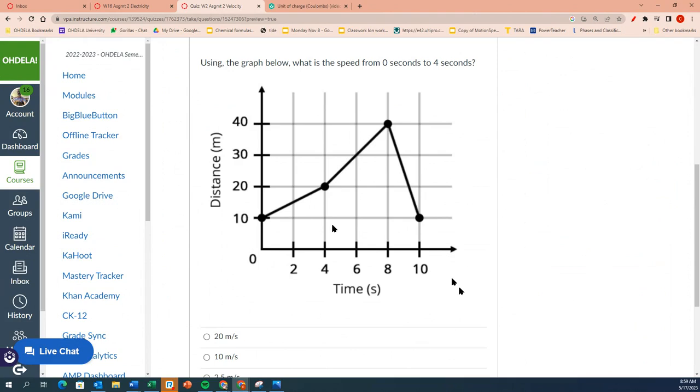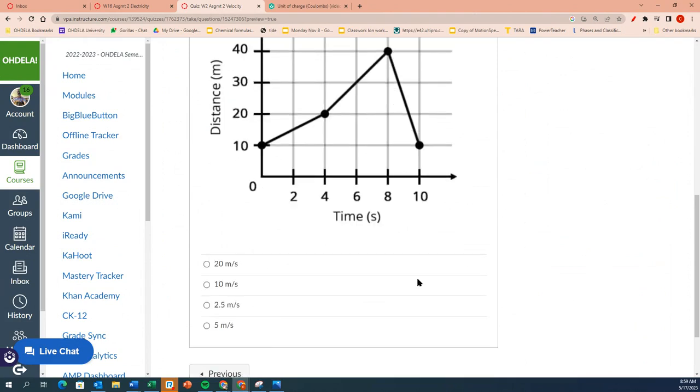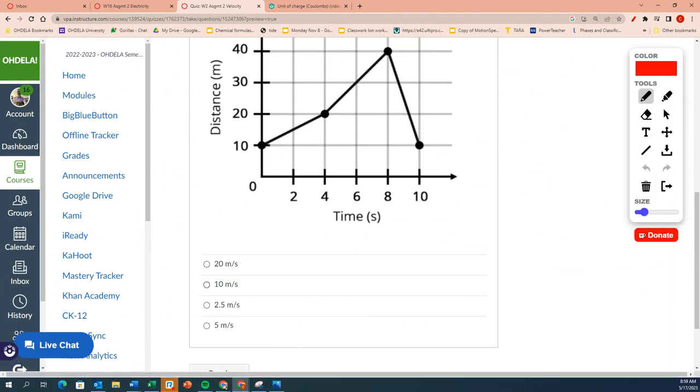So it goes 10 meters in 4 seconds. 10 meters divided by 4 seconds. It's 2.5 meters per second.